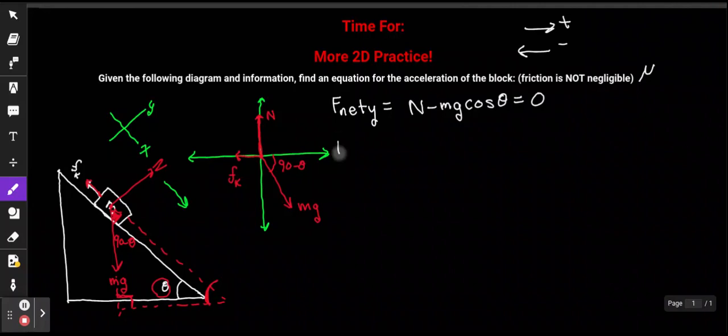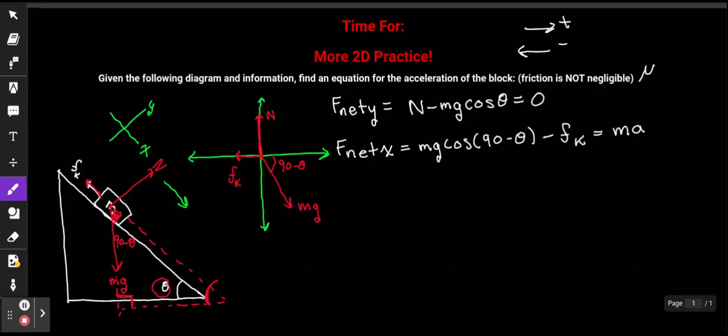So, if we take right to be positive and left to be negative, our F net x is equal to the x component of our gravitational force, which is mg cosine of 90 minus theta, minus fk. And this is equal to ma, because we know our mass is not sliding down at a constant velocity, nor is it just stationary.